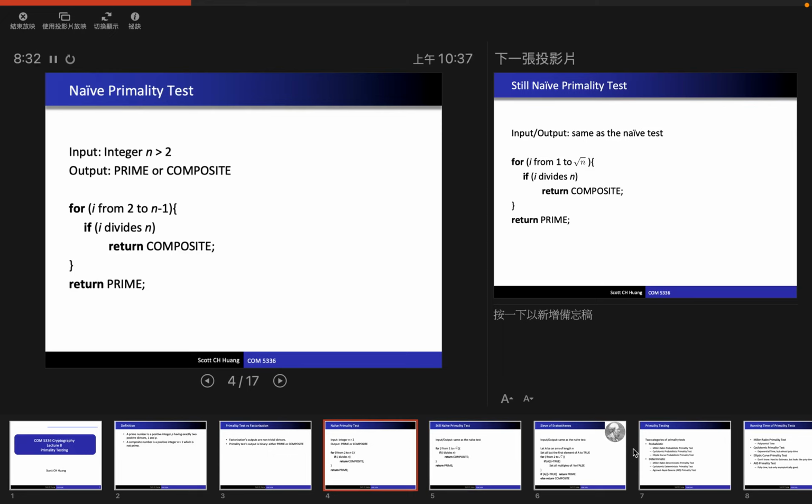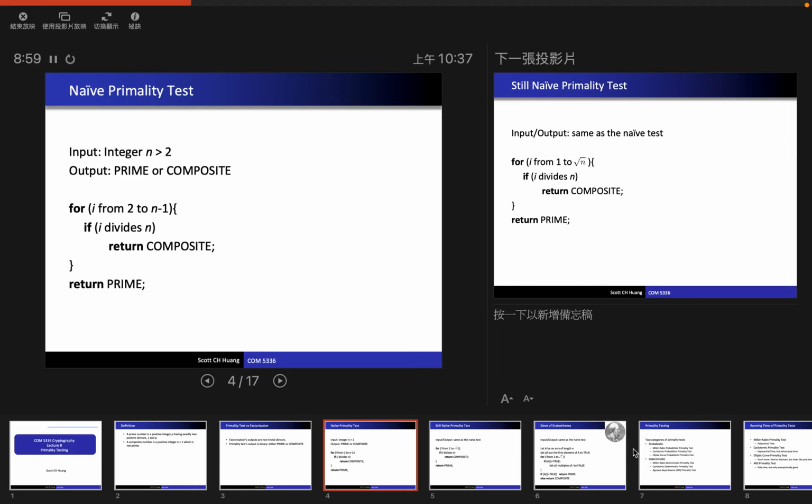In the previous one, we go from 2 to n minus 1, which is unnecessary. If n is not prime, then you must be able to factorize it, for example, as PQ.